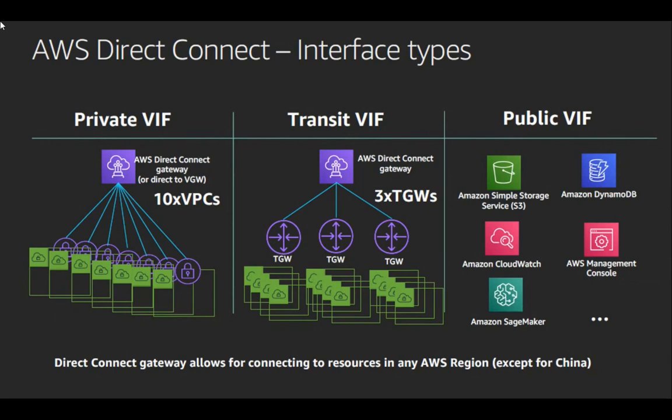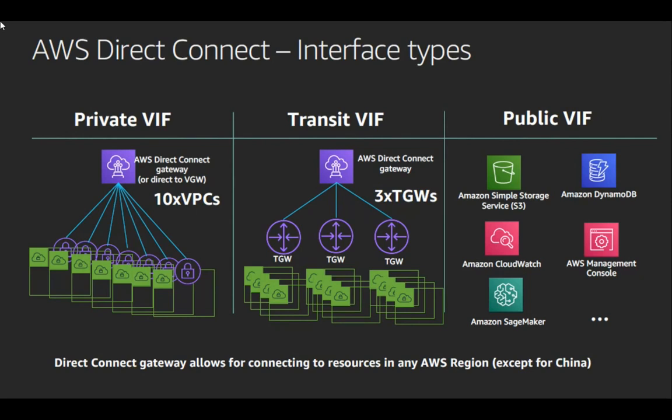This is as of December 2019 or January 2020, but as of now, it's 10 VPCs. Private virtual interfaces support up to 10 VPCs. Transit virtual interface supports up to 3 transit gateways, and with public virtual interfaces you can connect to any of the public services available on AWS.